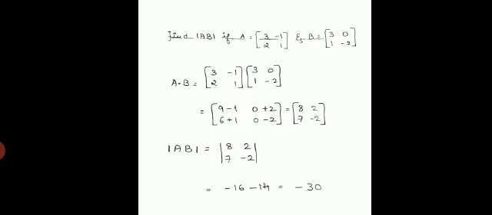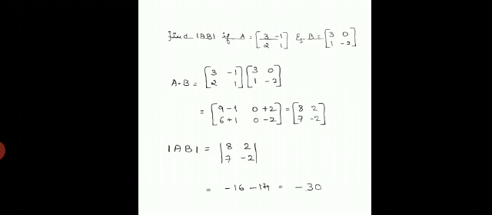So you will get 9 minus 1. Similarly, to get the second element, multiply first row into second column. That is 3 into 0 is 0. Then minus 1 into minus 2, minus minus becomes plus, 1 into 2 is 2.